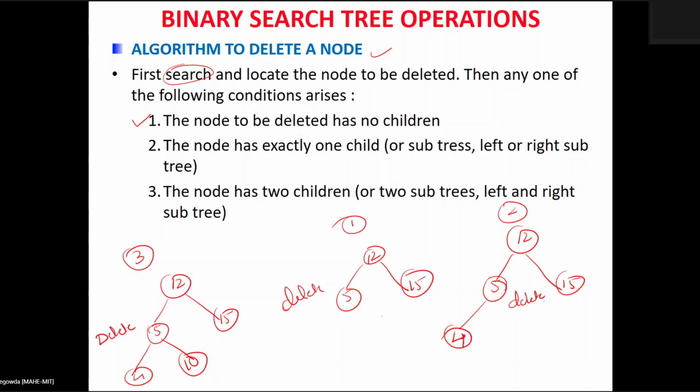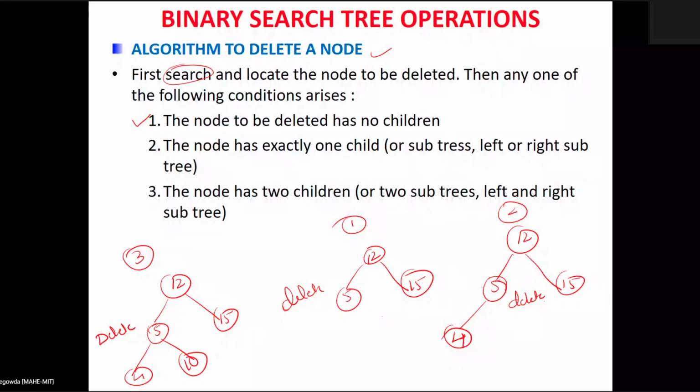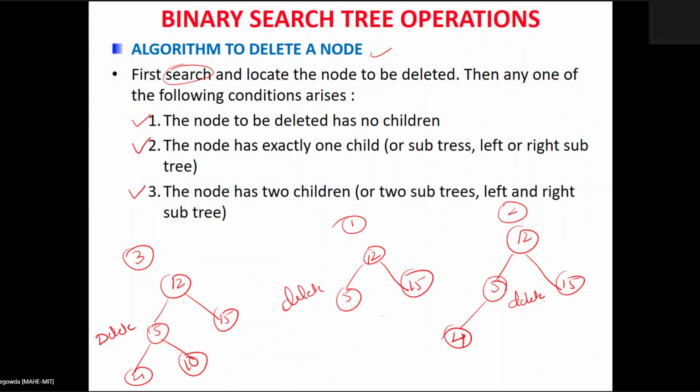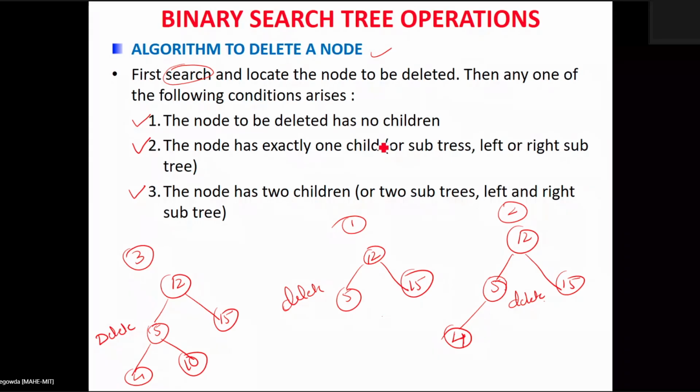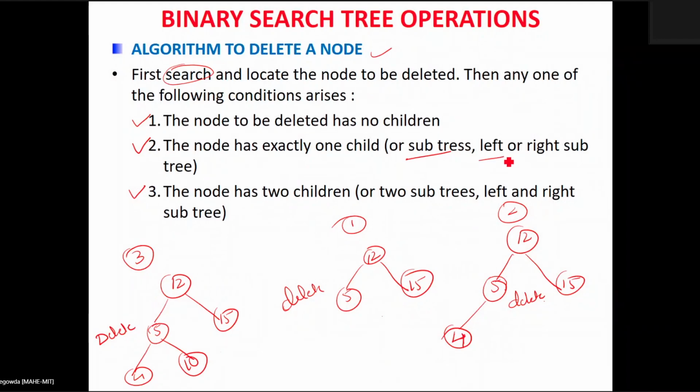We have an algorithm to delete a node from the binary search tree by taking care of these three scenarios. The first one is the node to be deleted has no children. That is the first case. The second one is the node has exactly one child, or it may be a subtree, left or right.